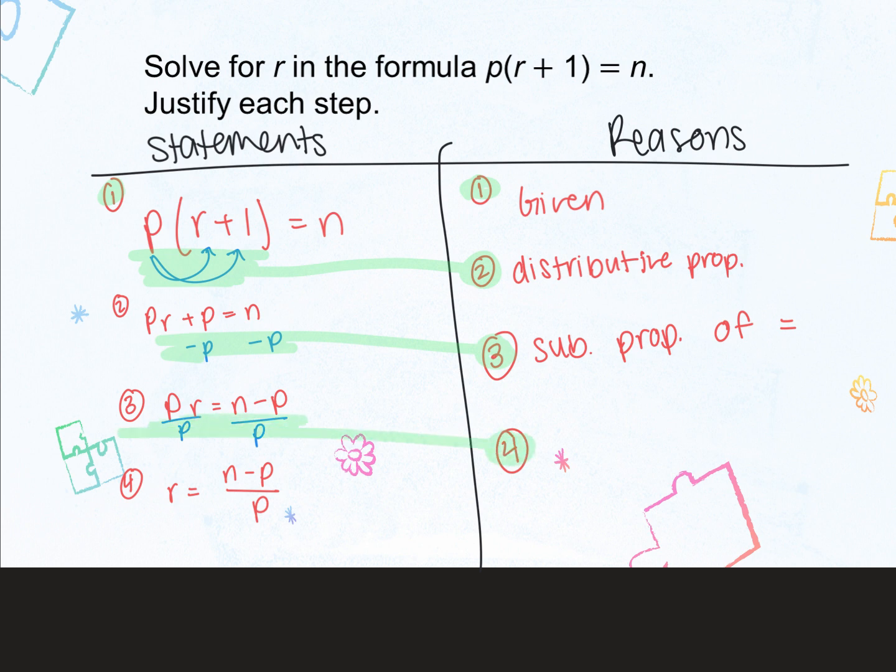Divide. I'm using the division property. Division property of equality. And that is it for 2.4. Do you have any questions? Yes, because I'm doing it to both sides of my equal sign. Do you have any questions on this? No. No? Okay. Bye, see you later.